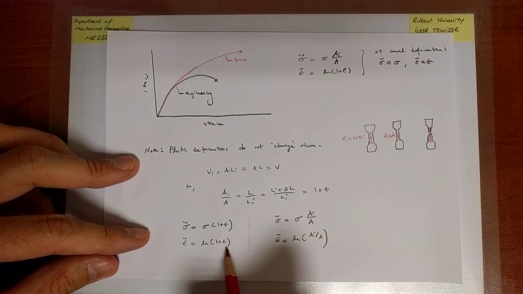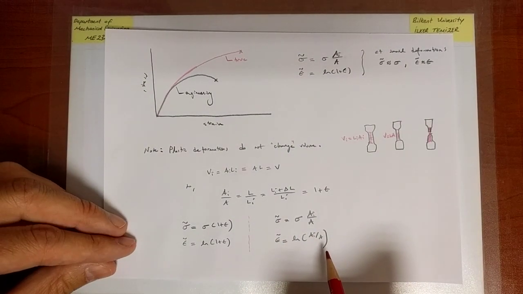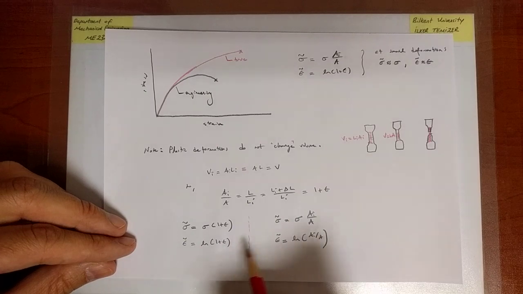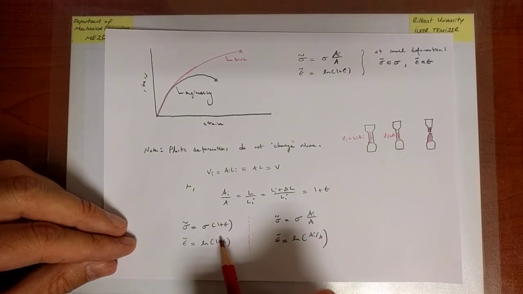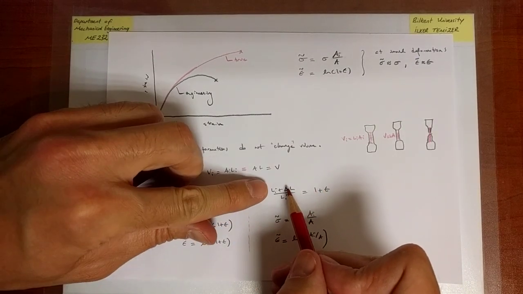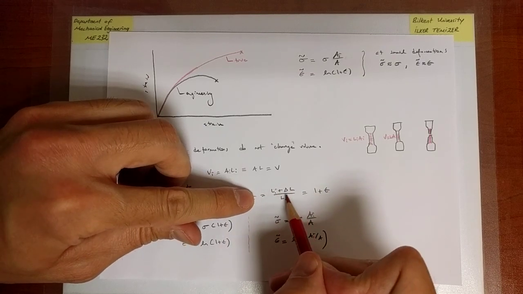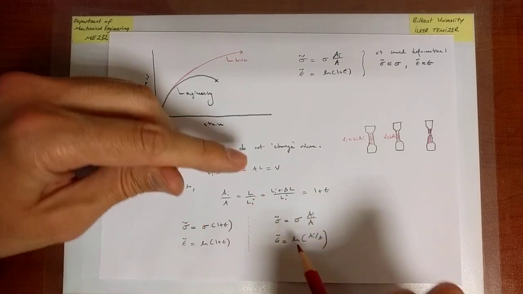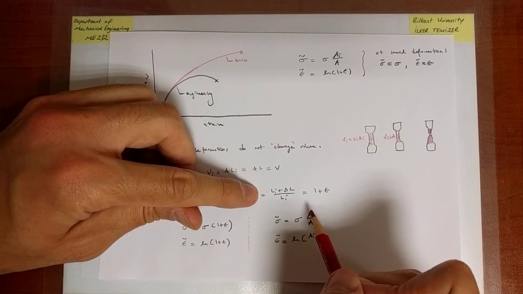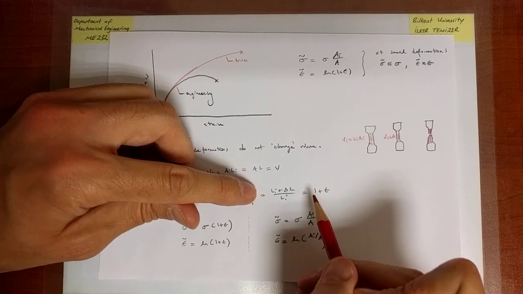So now the difference between these two sets is the following. The set on the left and the set on the right, they are equivalent definitions all the way up to necking, but beyond necking, because 1 plus epsilon is an expression that has to do with the change of length within the gauge portion, but beyond necking, remember that change in length of the gauge portion is meaningless because all the strain is being localized into the necking region.